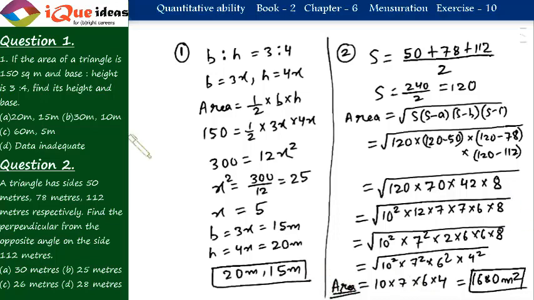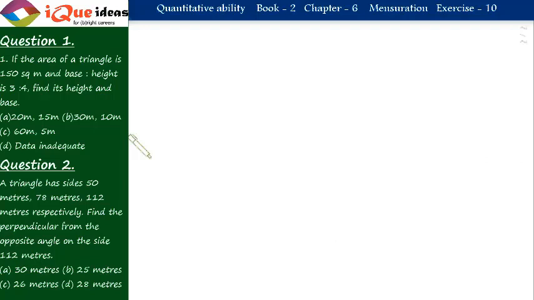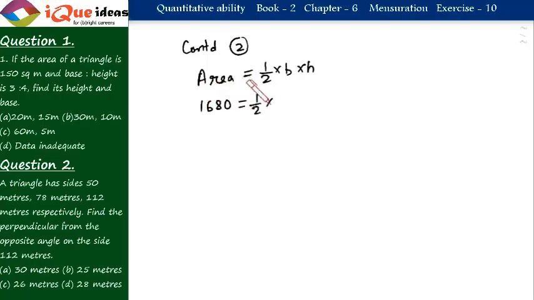Now we have to calculate the height from the opposite side on 112 meters. Let's go to the next slide, continued question number 2. If we take 112 as the base and suppose the height on that base is h, we have to find h. From the formula of half into base into height, in place of area we write 1680. It is half into base 112 into h.